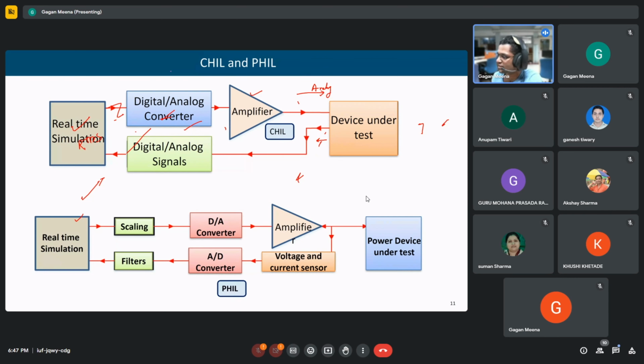So what is the main difference between PHIL and CHIL? In PHIL we will require additional voltage and current sensors also. Because the output of this power device under test gives high voltage and current signals, which we have to measure if we want to feed it into the real-time simulator.